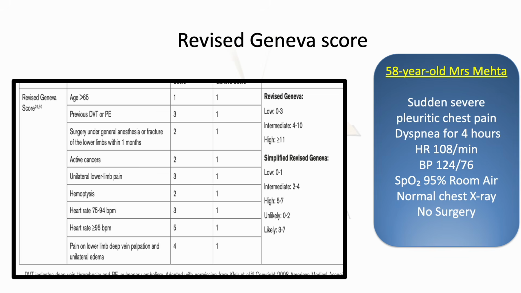This patient is definitely less than 65 years with no DVT, no surgery, no cancers, and no lower limb pain. No hemoptysis, a heart rate more than 95, giving her a score of 5, and no pain and unilateral edema, giving the revised Geneva score as 5 for my patient.